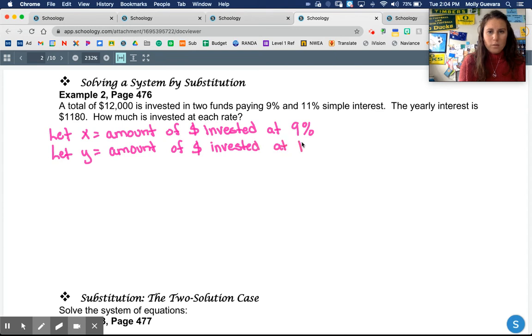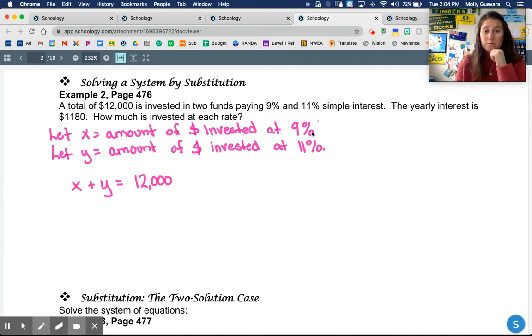Those are the two things I want to find, so those are my two variables. Okay, so I know two things. One, I know that all of the money invested at 9% and all of the money invested at 11% equals $12,000. So I know that x plus y is equal to 12,000, right? Because that's my total amount of money invested.